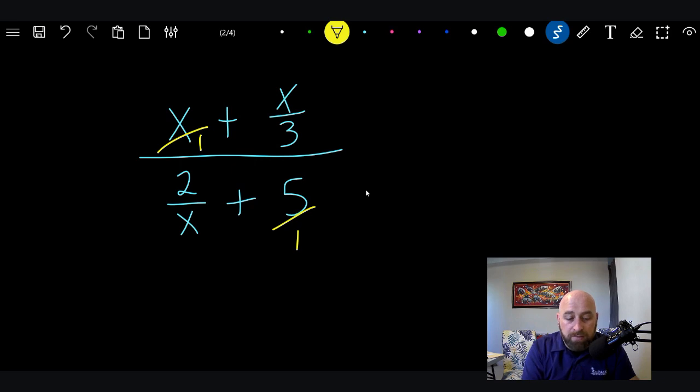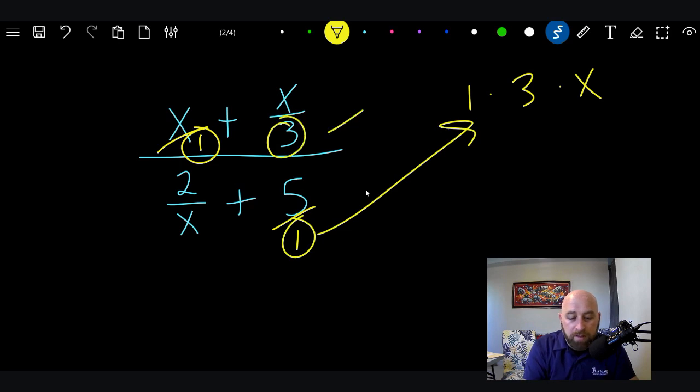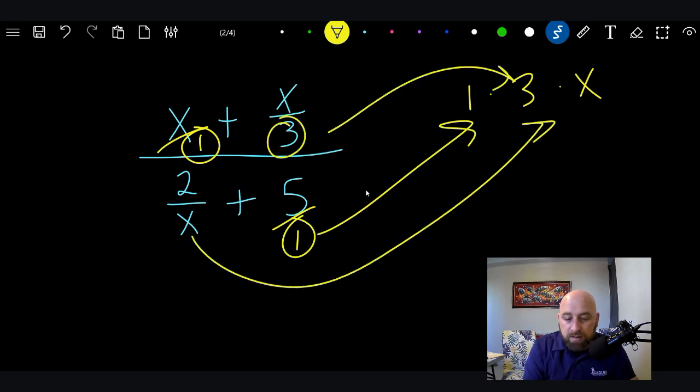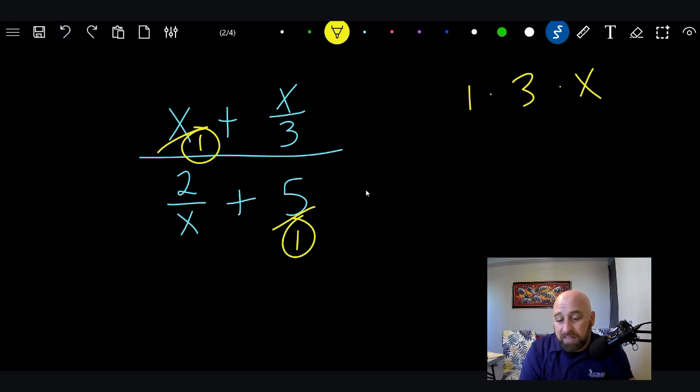We have 1 times 3 times x. There's a common 1, so we take that 1 time. There's a 3, so we take that, and there's an x. So there's the LCD, 1 times 3 times x, or 3x. That's our LCD.